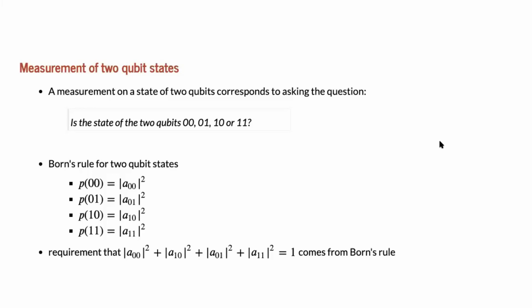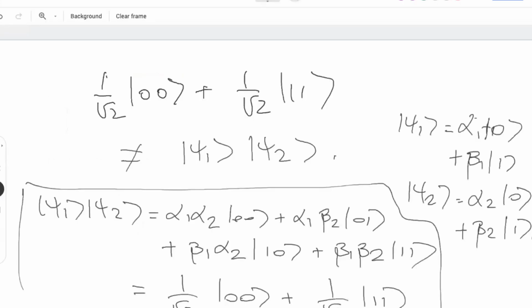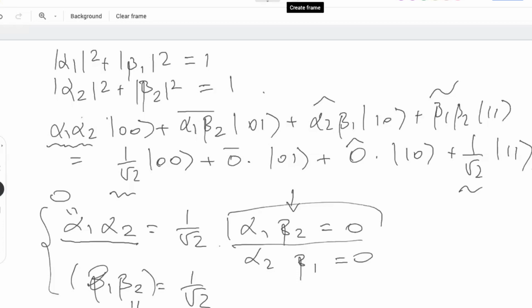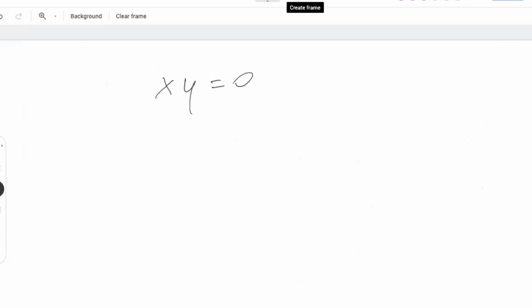I can write a system of this kind: two equations in two variables, where I ask xy equals 0, and then I ask xy is equal to 1. Obviously this has no solution, but it's two equations and two variables.